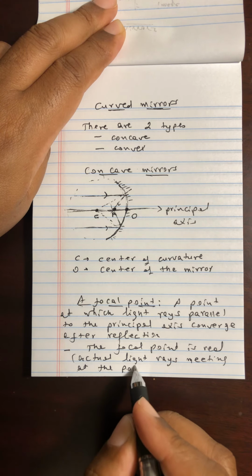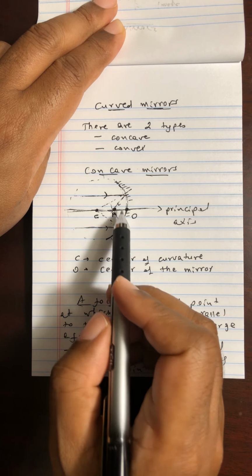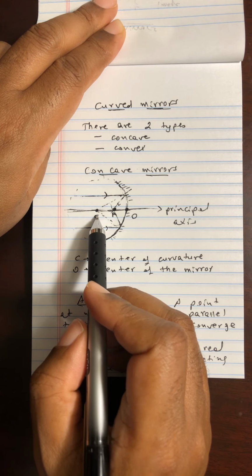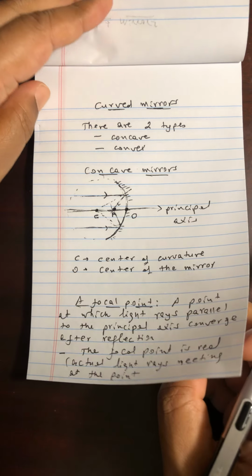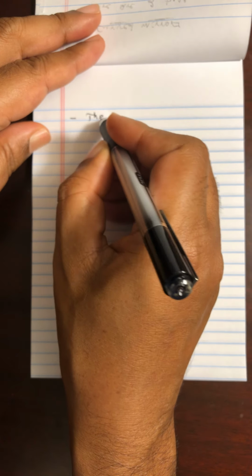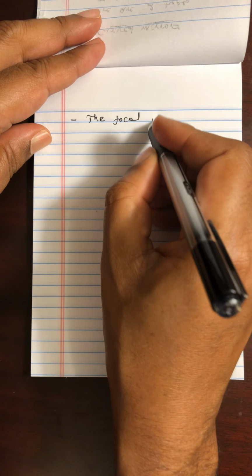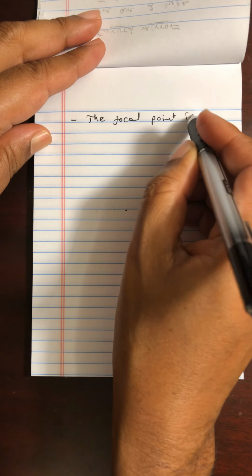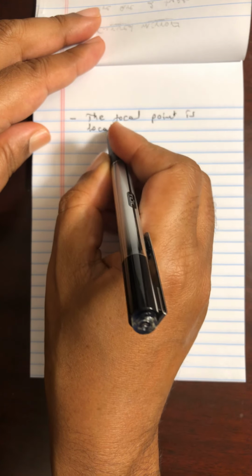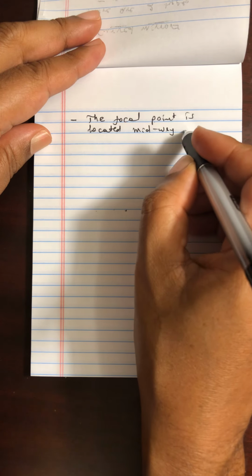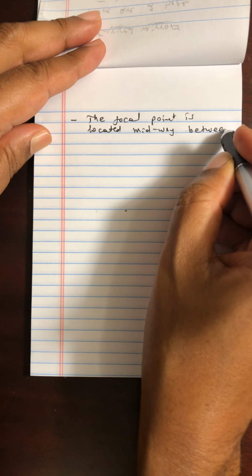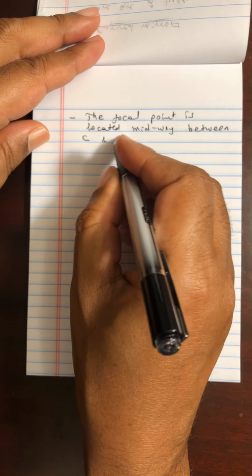Another property is, if you use a scale, you will see that the focal point is located midway between the center of curvature C and the center of the mirror O.